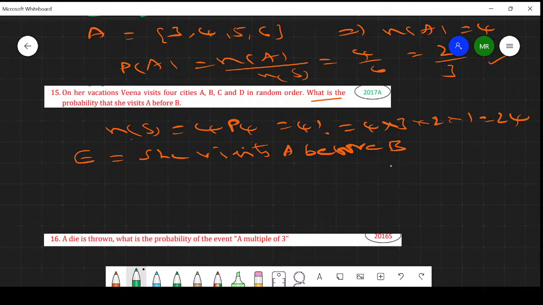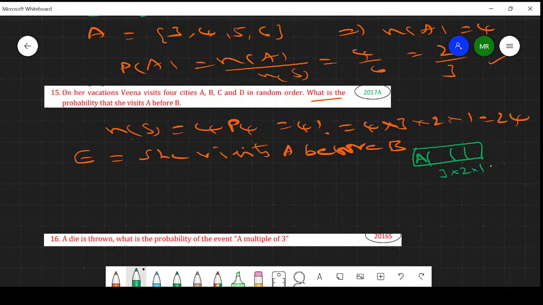She visits A before B, so what are the possible outcomes? I'm going to find the outcomes favorable to E. That is important here. Suppose I fix A in the first place, we have another 3 places. So this I can visit 3 ways, this is 2 ways, 1 way, right?